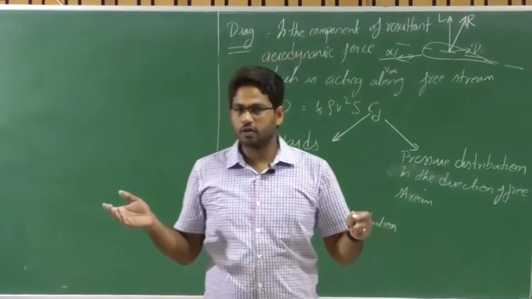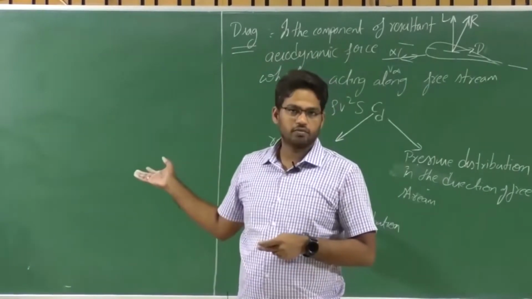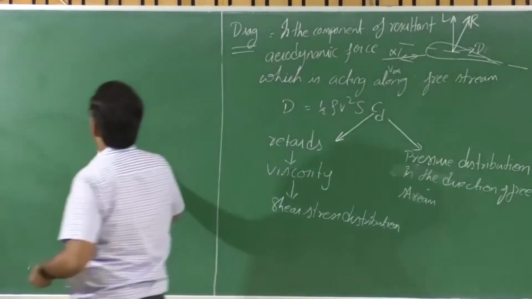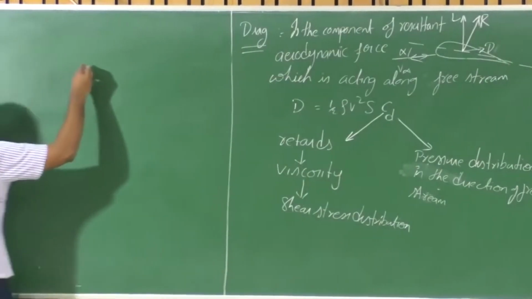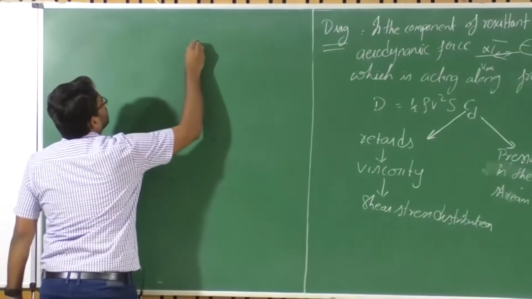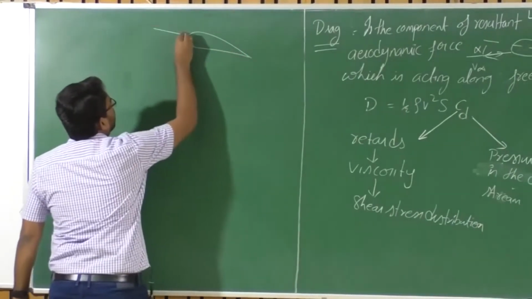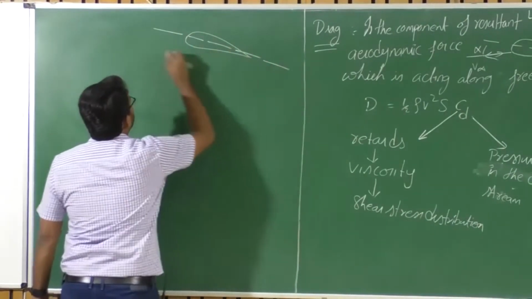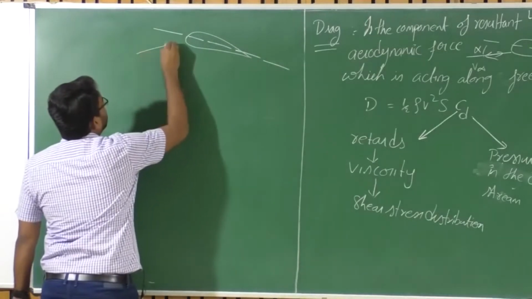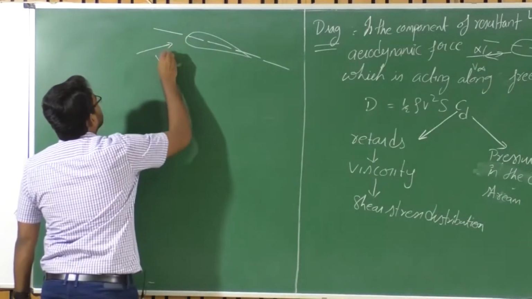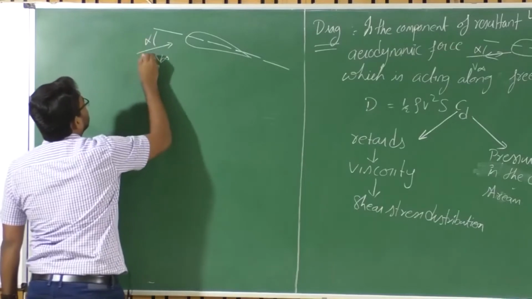Am I correct or not? While deriving the theory, we also witnessed that there is an induced angle of attack, isn't it? For example, consider an aerofoil which is oriented at a certain angle of attack, V infinity, right, at alpha.